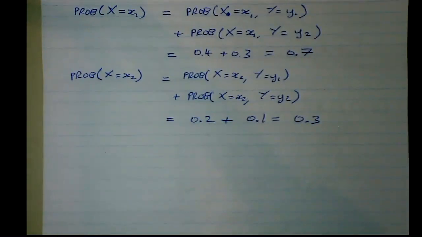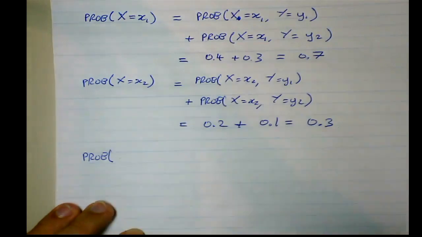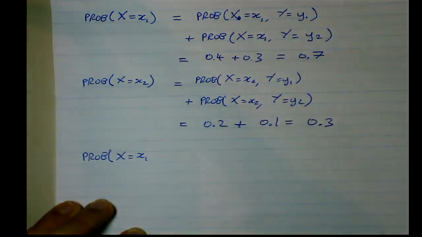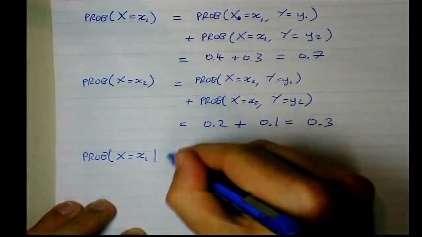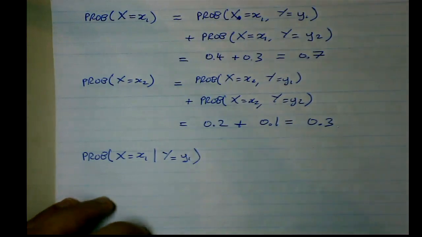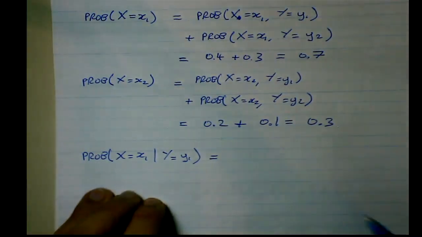Okay, that's easy. Conditional distribution. Let us now work out the probability, for example, that x is equal to x1 given y is equal to y1. We just use the following formula.